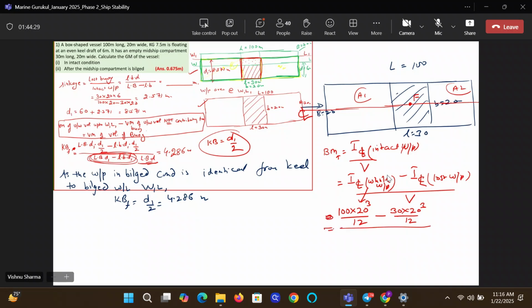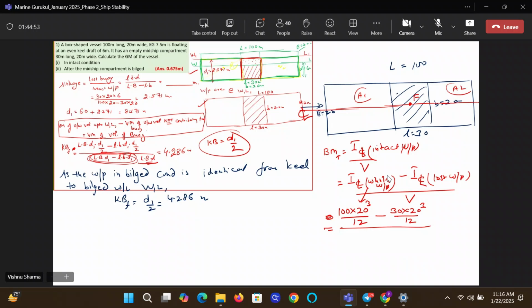What is V called, guys, in the formula? L into B into D, sir. Volume of displacement.